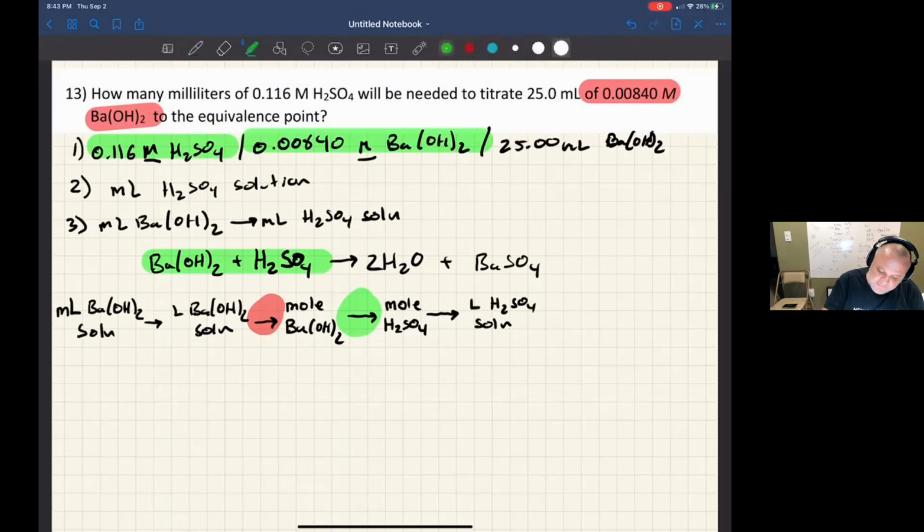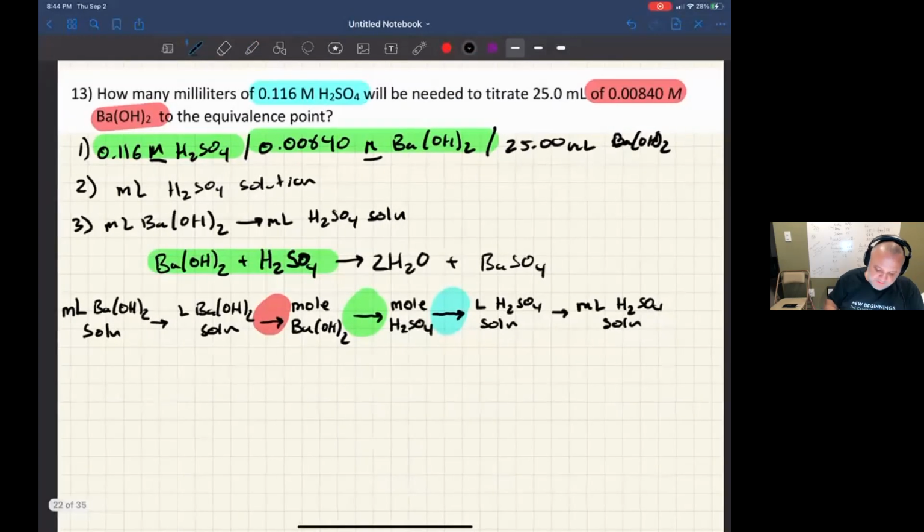And again, I'm given the molarity of the H2SO4 solution, and so that's the per expression that would go there. And then once I've got liters of H2SO4 solution, I can use my metric prefixes to convert back to milliliters of H2SO4 solution.